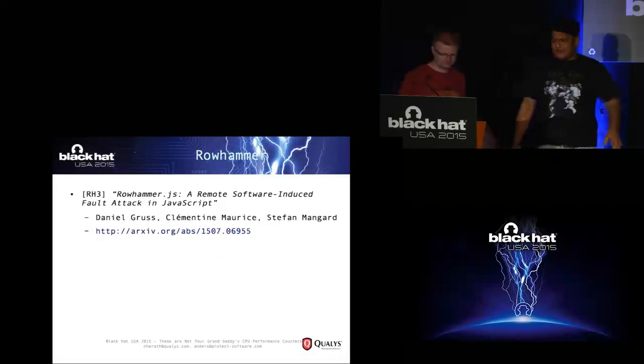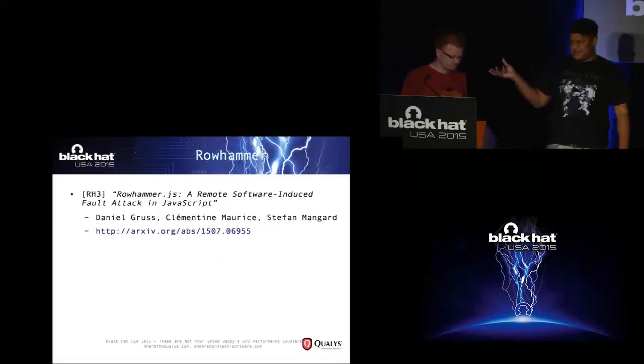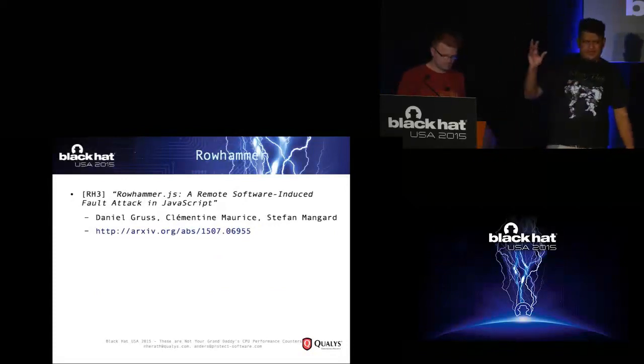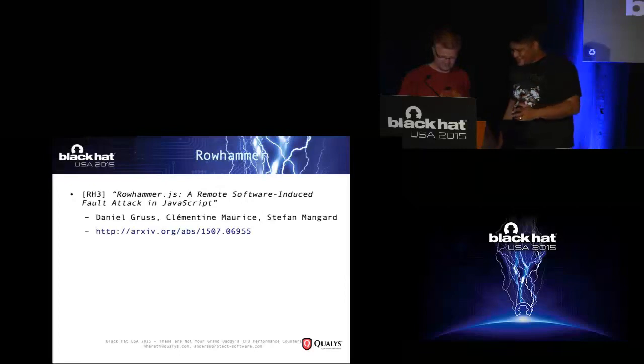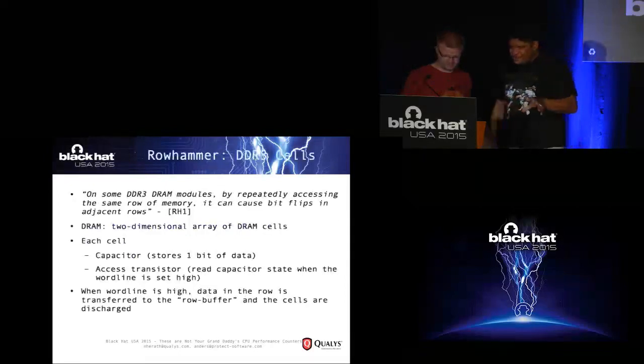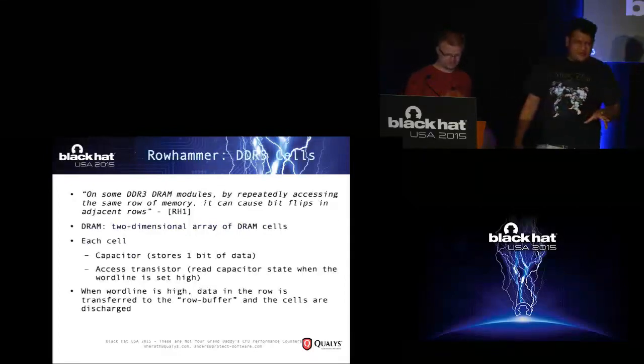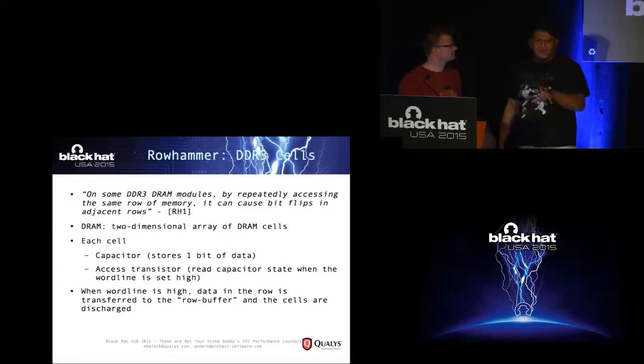And then quite recently there was a JavaScript implementation that exploited row hammer from JavaScript. Sorry, we're going to have to really speed up, so I don't think we'll have any time to go into discussing this.